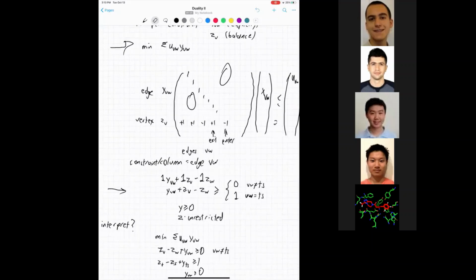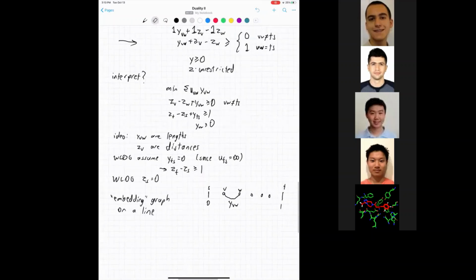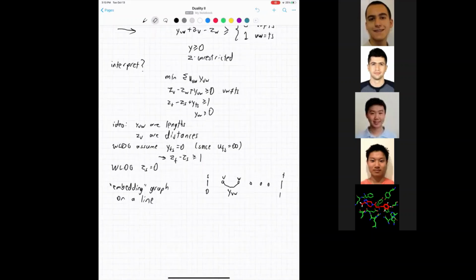Thanks. Okay, so we're trying to embed this graph on a line. The trick is we have to pick the edge lengths to fit the distances, right?